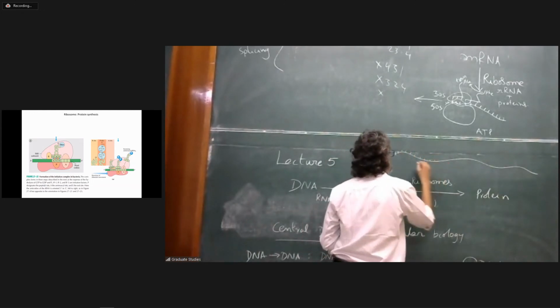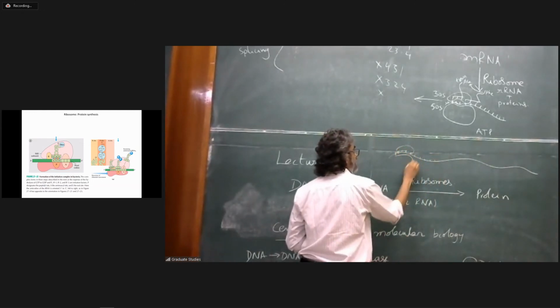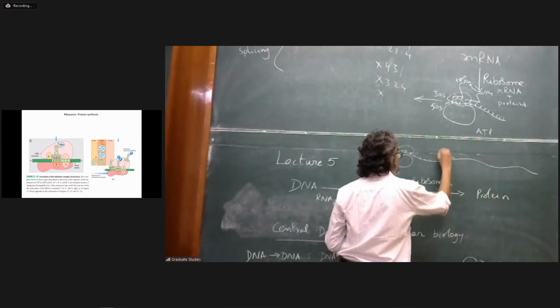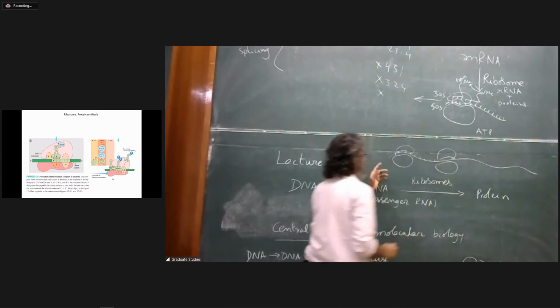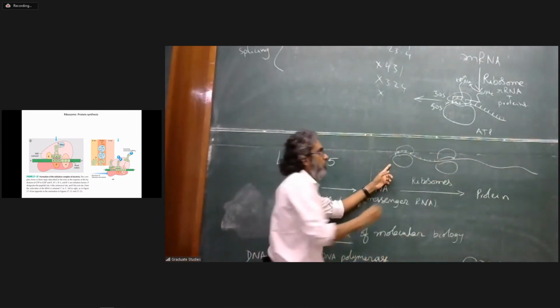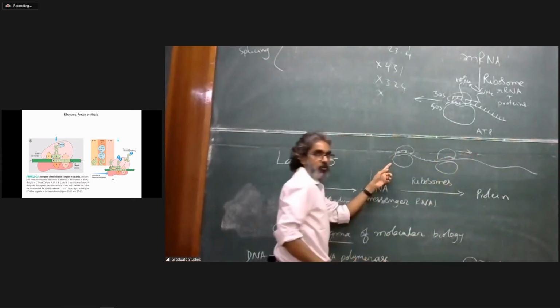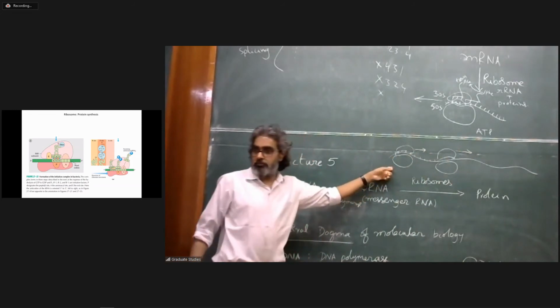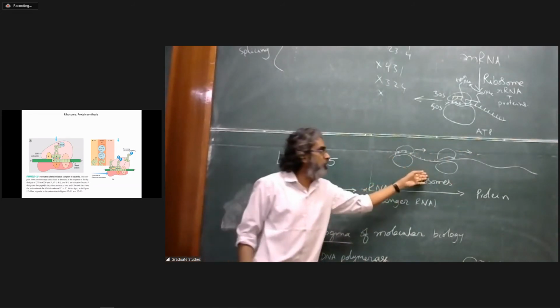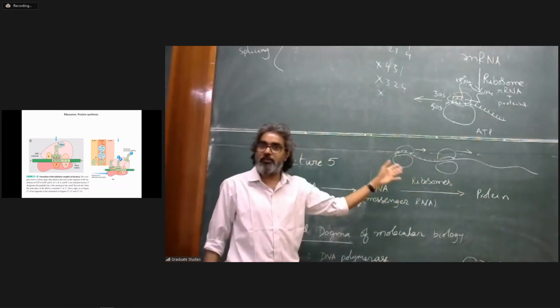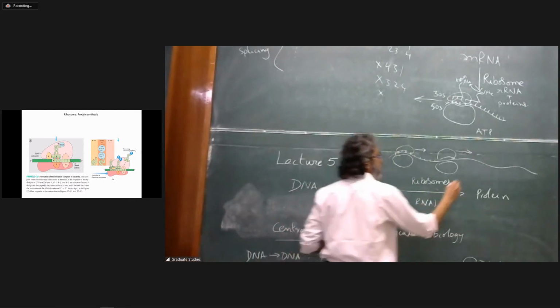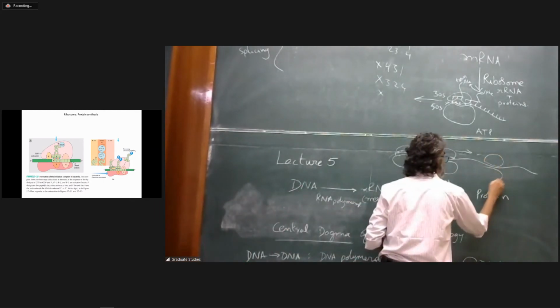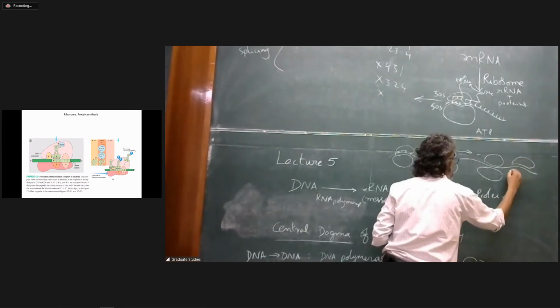Ribosomes come, and once the first ribosome moves from the 5' end, a second ribosome binds, then the second moves, and you can have a third and so on. You have many ribosomes working on a strand.